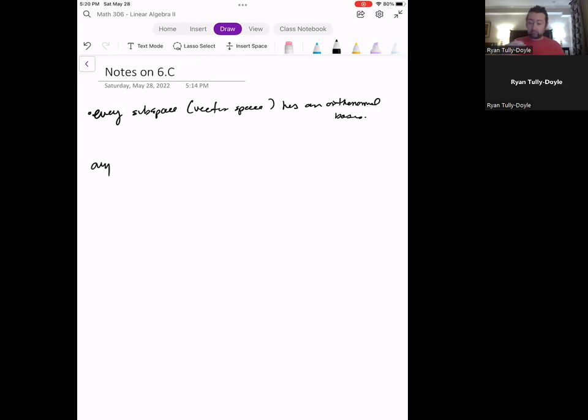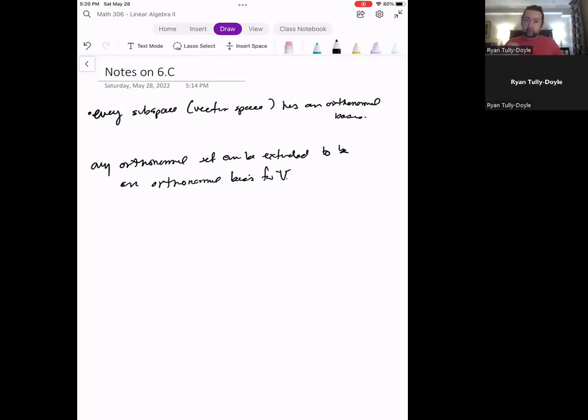So point one, every subspace or vector space has an orthonormal basis, and two, any orthonormal set can be extended to be an orthonormal basis for the whole space.